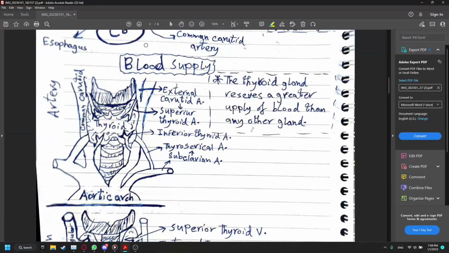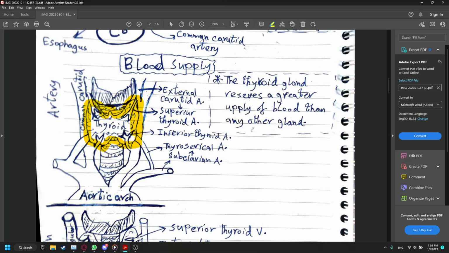Now we go to the blood supply here. In terms of blood supply, the thyroid gland is rich in blood supply for many reasons, because it's literally one of the most important glands in the body.